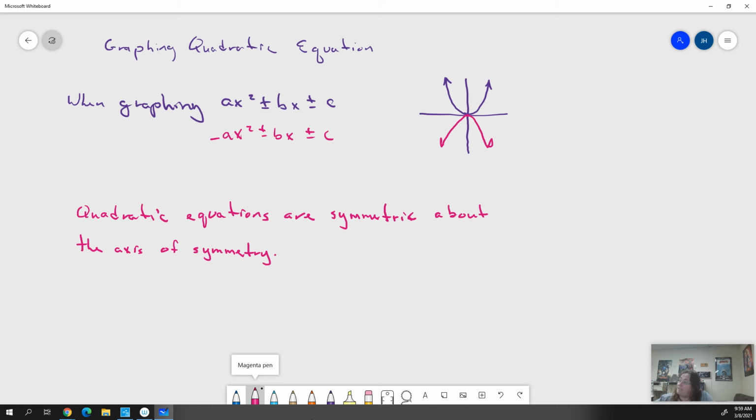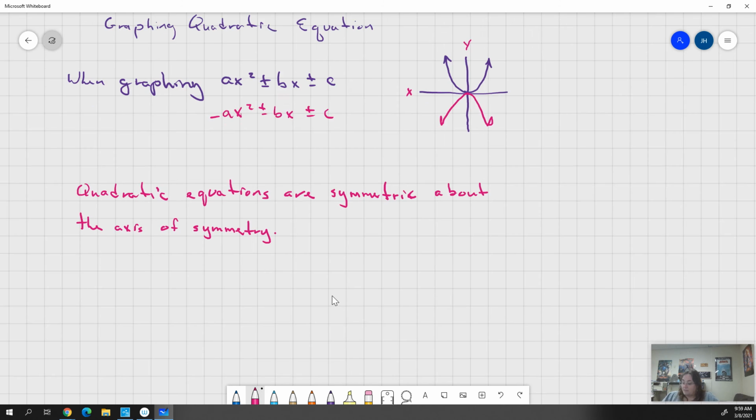Like in this case, the axis of symmetry would be this y-axis, right? That divides them in half. And what it means to have an axis of symmetry is it says that if we fold that graph on that symmetric line, both sides should line up perfectly, right? Because they're symmetric, and that would be that middle point, and everything should match.